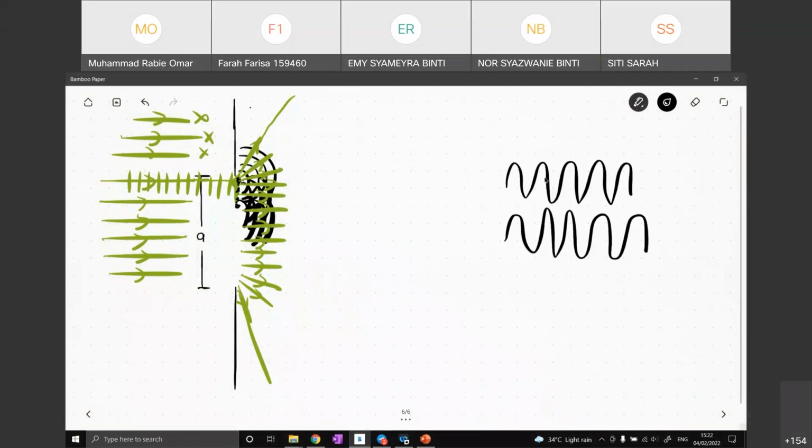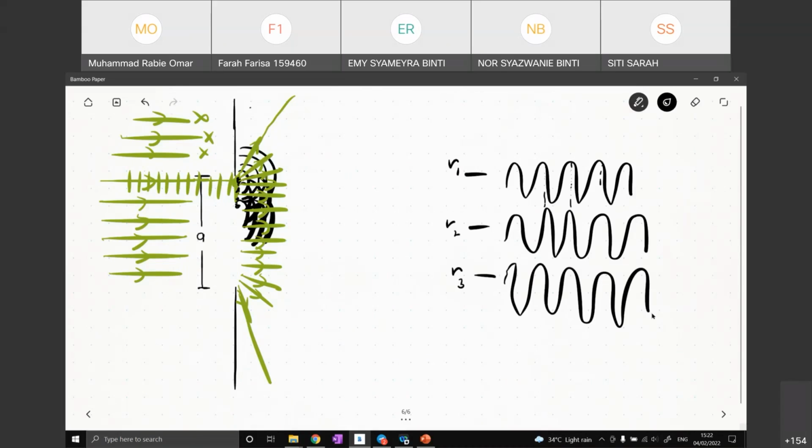The maximum here meets with the maximum here, the maximum here meets with the maximum here. This is the first light ray, this is the second light ray, and then you have your third light ray. You can have as many rays as you want, but they have to be coherent, meaning their maximum must be at the same time. This is your time axis.